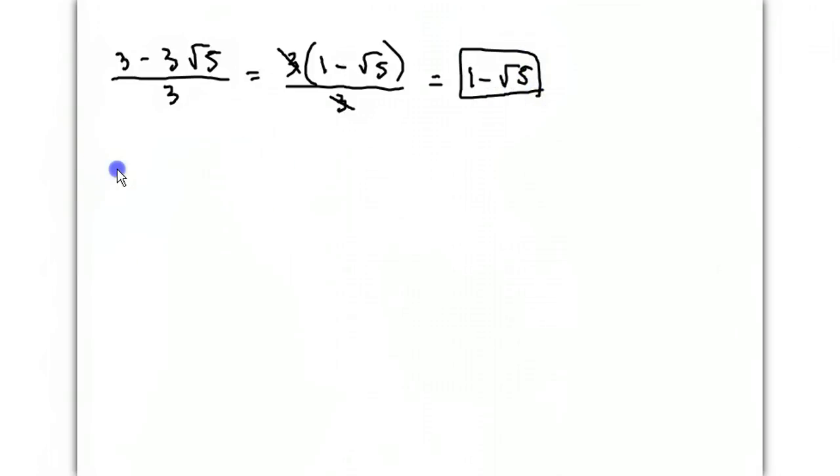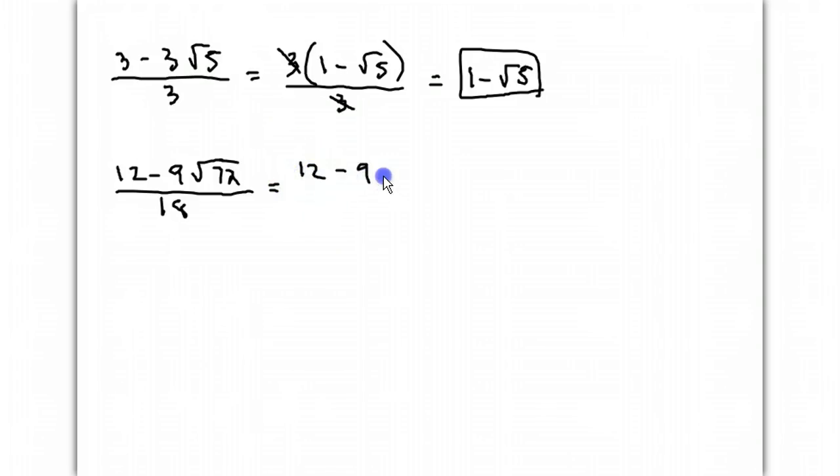Let's say you were given 12 minus 9 square root of 72, and that was divided by 18. Well, square root of 72 can be broken up. So this would be 12 minus 9, and 72 is 8 times 9. 8 is three 2's, and 9 is two 3's.